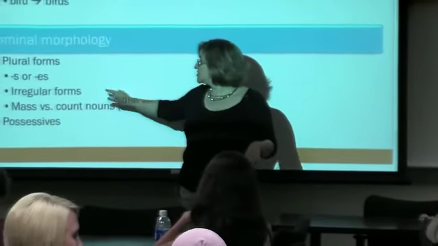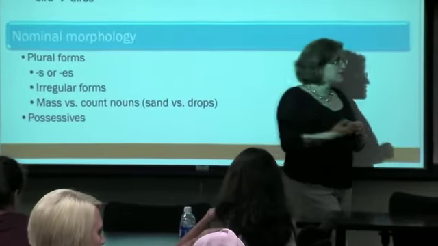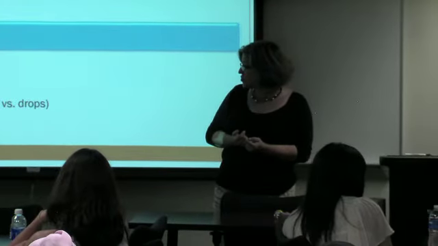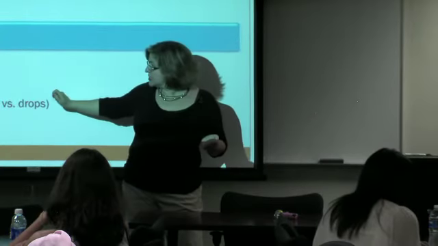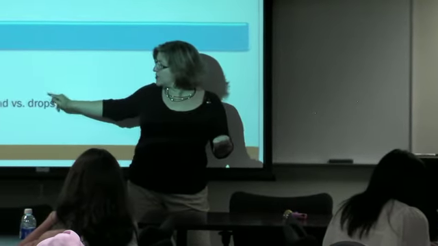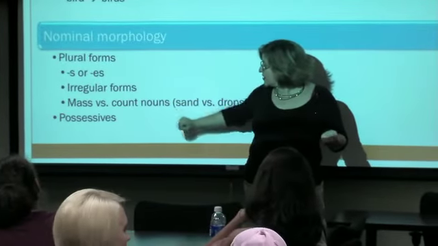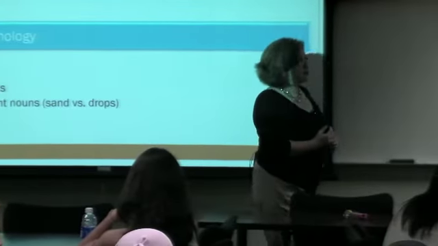What also happens in the plural forms, let's see. I'm thinking of verbs instead. I forgot to put that up there. Let's look at mass versus count nouns. There are different categories of nouns.